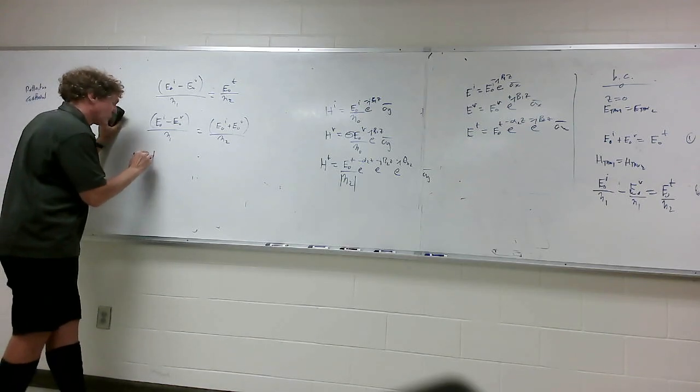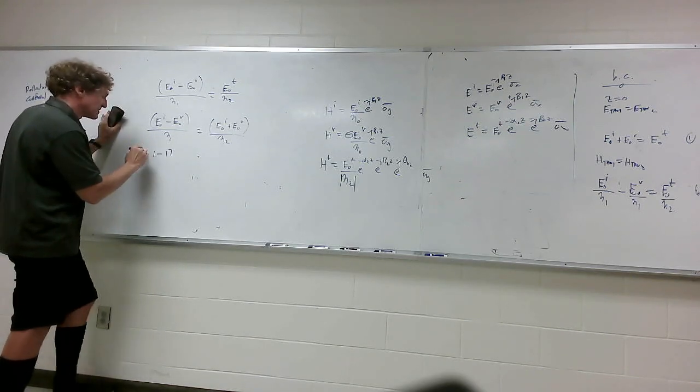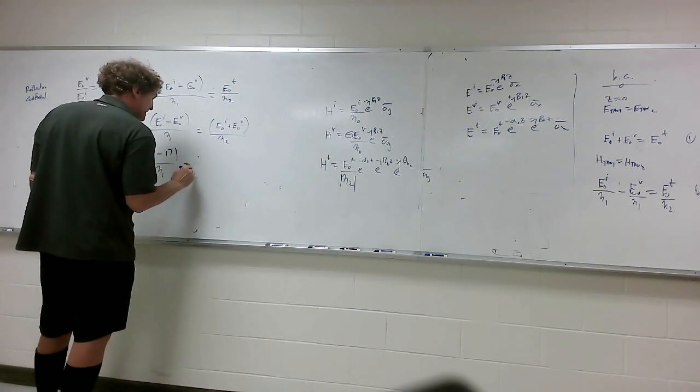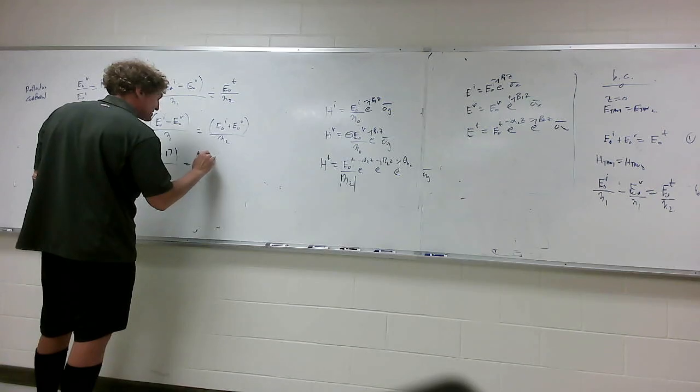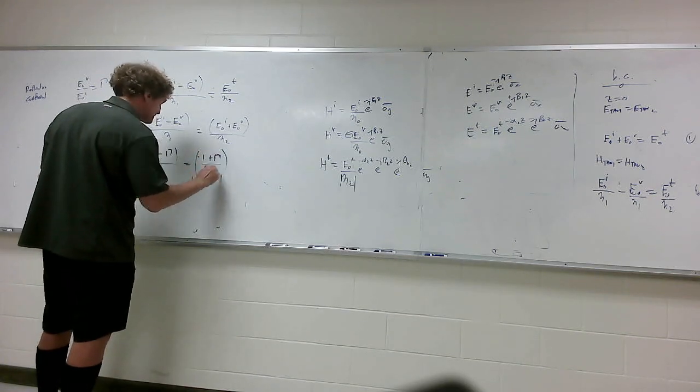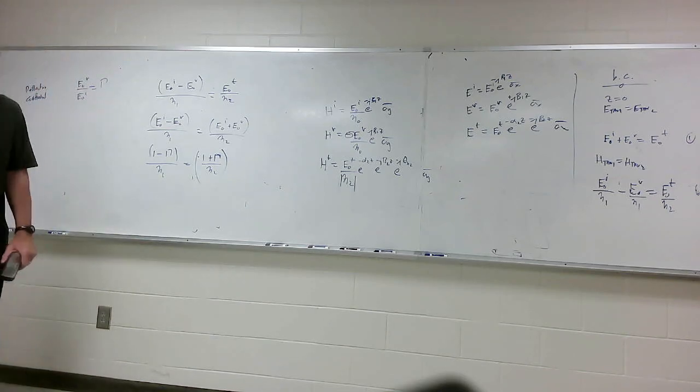I get 1 minus the reflection coefficient over eta 1 is equal to 1 plus the reflection coefficient over eta 2. Can you all see this? And now we solve for the reflection coefficient.